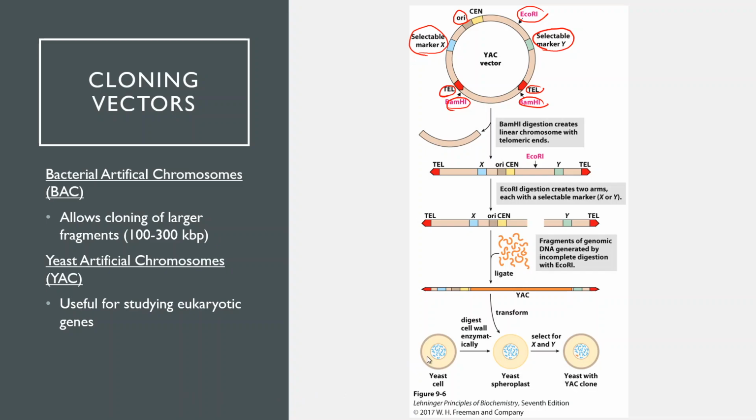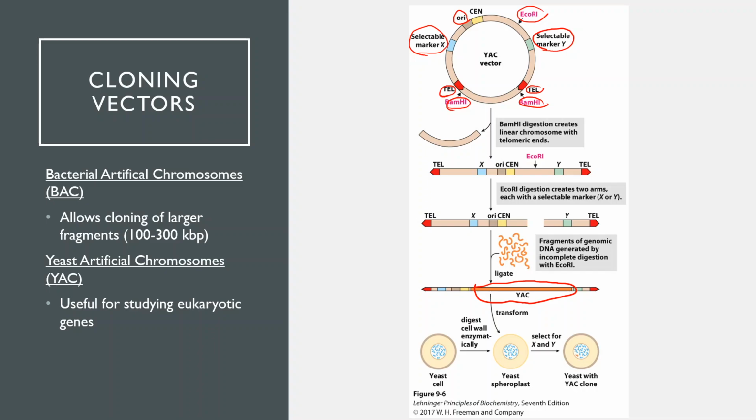So this new clone that you've made has these telomeric sections in it, and now your target DNA, these orange regions here. So this is the DNA you're trying to clone. And these telomeres basically just represent the ends of the chromosome. So that's an important difference between eukaryotic chromosomes and prokaryotic chromosomes, is that prokaryotes have circular chromosomes and eukaryotes have linear chromosomes.